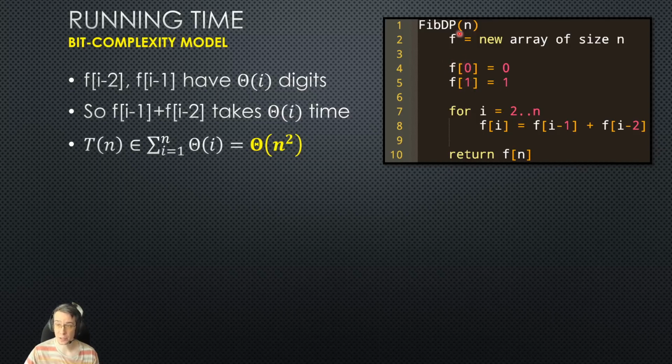Let's just assume this is constant work for assigning these variables, and that f is a new array. Let's just assume that that takes linear in n. And then this for loop we have order n iterations. But those iterations are doing theta i work for the addition of these increasingly large numbers. So T of n is going to end up being theta n squared time.